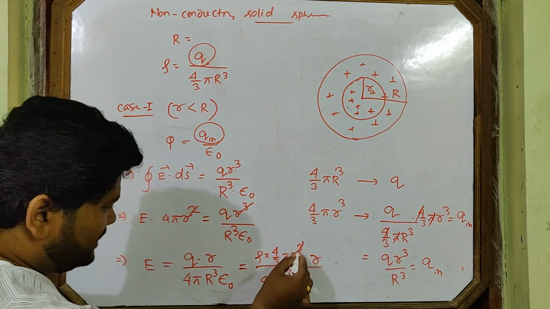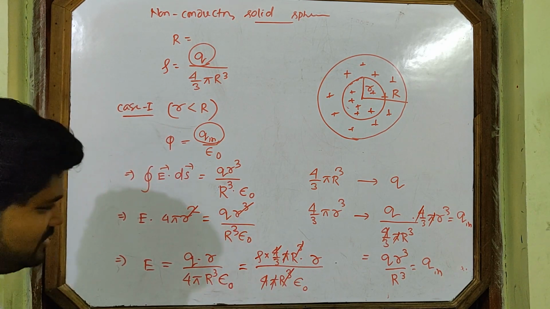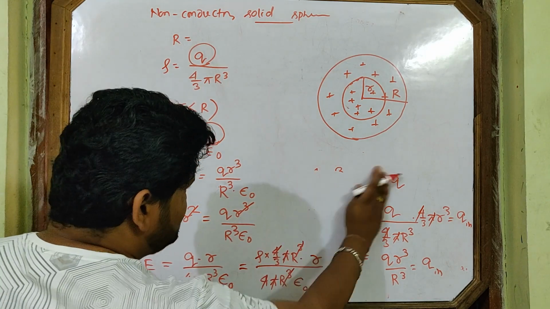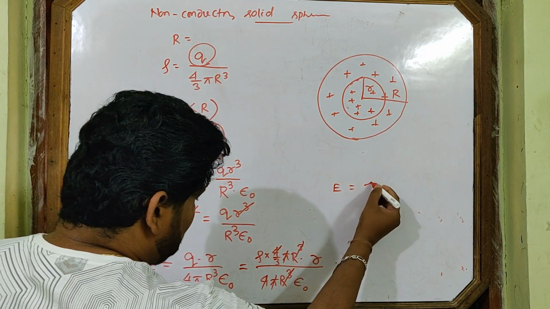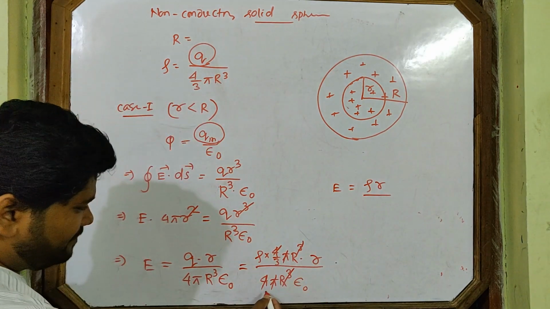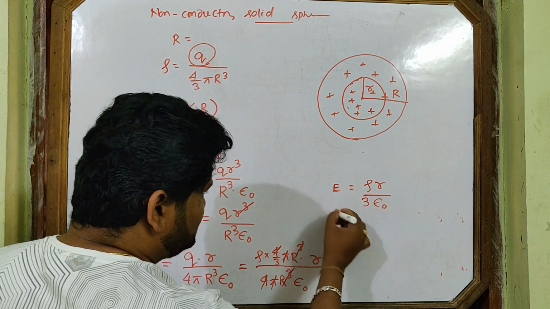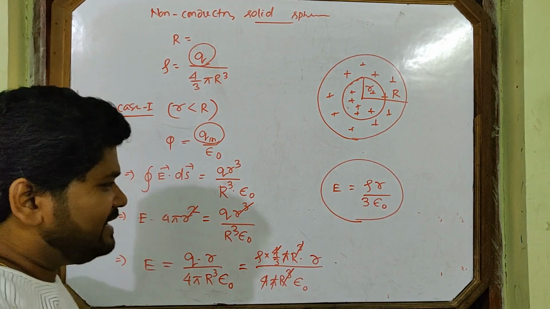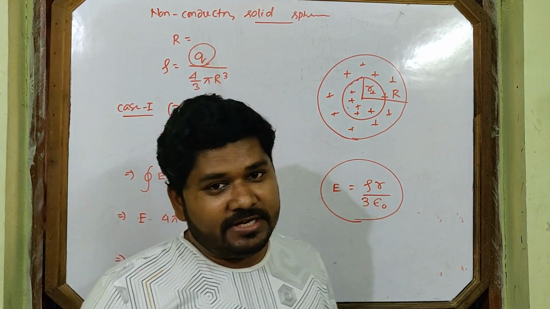If you see, R cube cancels, 4 pi cancels. How much is it coming now? It is coming intensity rho small r divided by 3 epsilon naught.